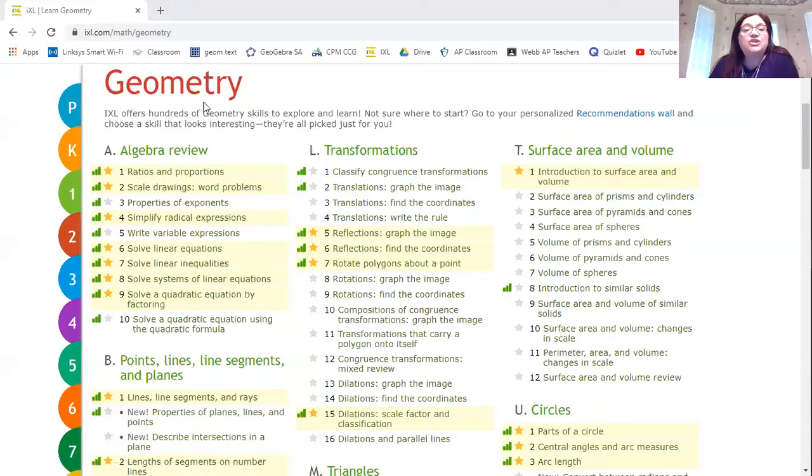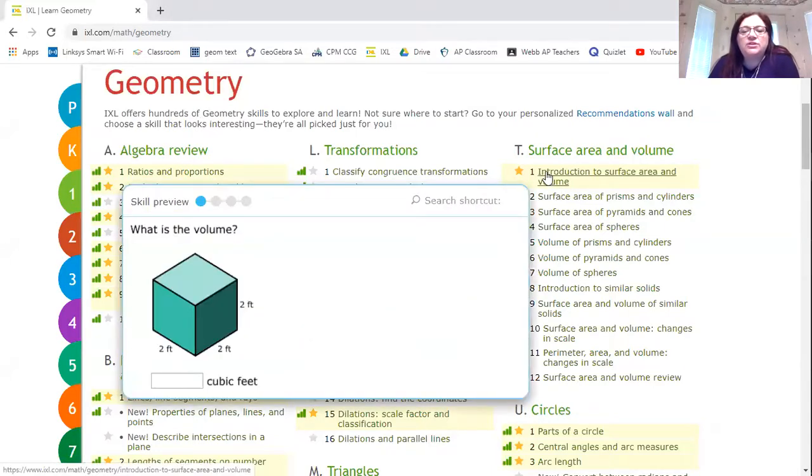I think I have too many windows open. Share screen. There we go.